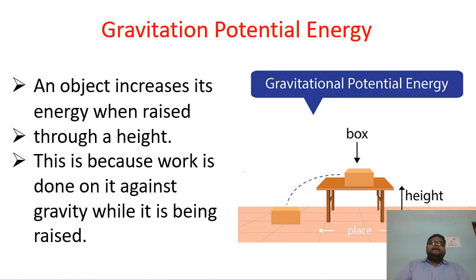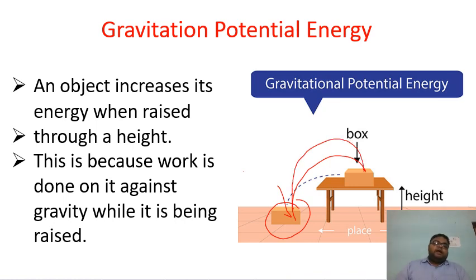The gravitational potential energy of an object increases when it is raised to a height. See this box. When it is raised and put on this table, its energy increased. Why? Because its height increased. Some work has been done on this box to lift it from here and place it here.